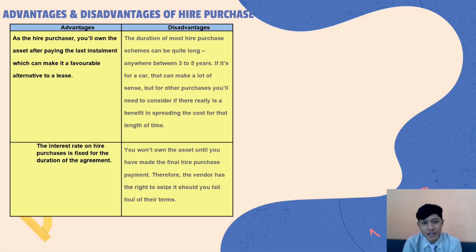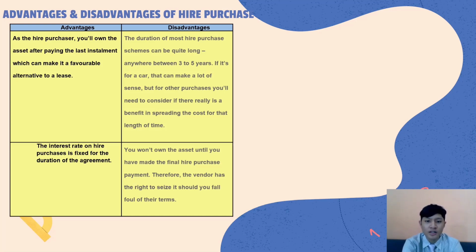As for the disadvantages of hire purchase, the first is duration. Most hire purchases are quite long, with a standard duration of 3 to 5 years. If it's for a car, then it can make a lot of sense.